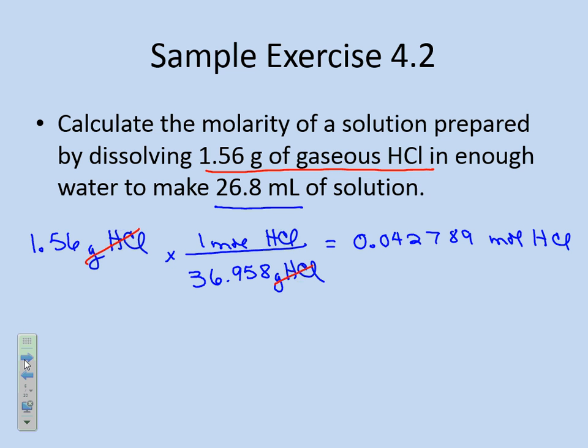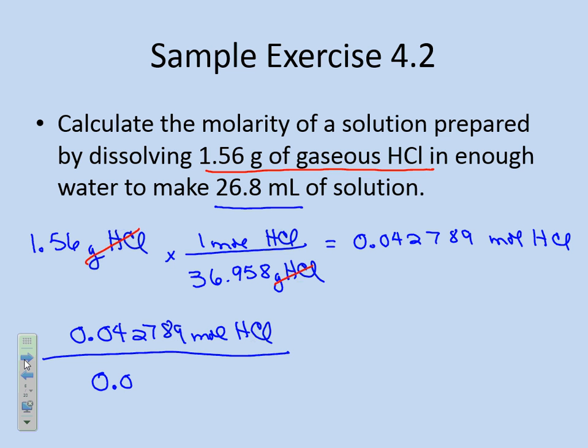Now, our moles is that 0.04279 moles of HCl. We're going to change our milliliters to liters. So dividing by 1,000, we have 0.0268 liters of solution. Divide it into our moles, and our concentration is 1.596, which will round to, we just want 3 sig figs, 1.60 molar HCl, or hydrochloric acid.